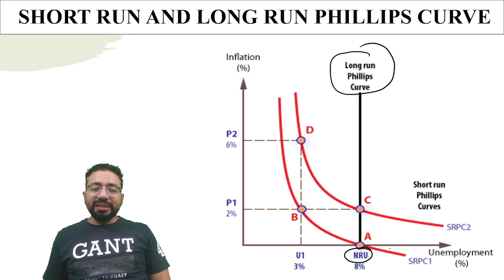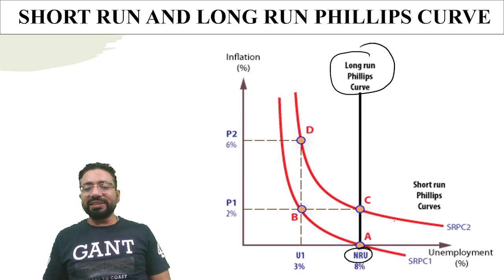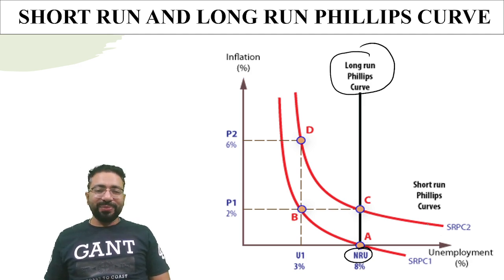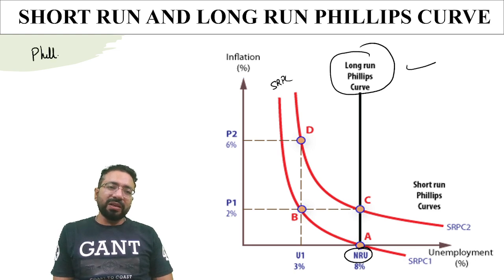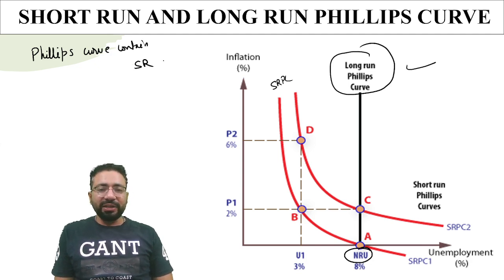That means inflation won't change the rate of unemployment. This is the short run Phillips curve and this is the long run Phillips curve. So the Phillips curve contains both short run as well as long run.